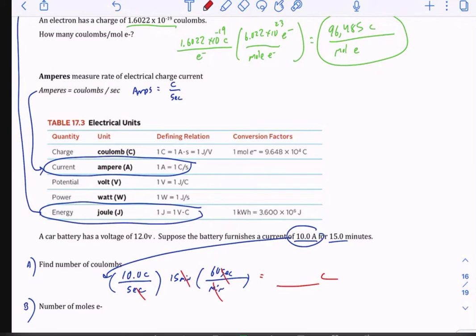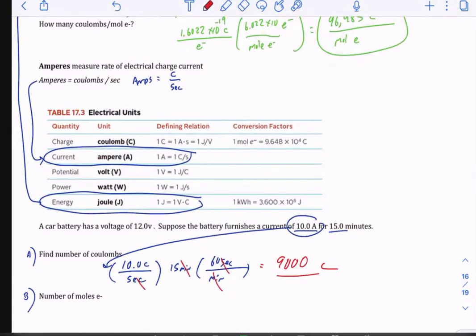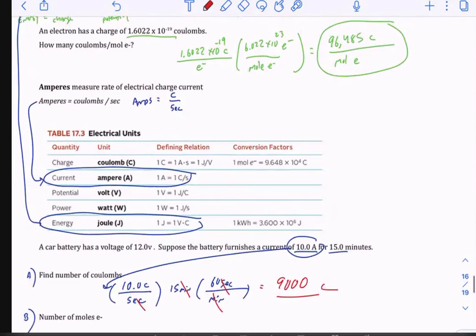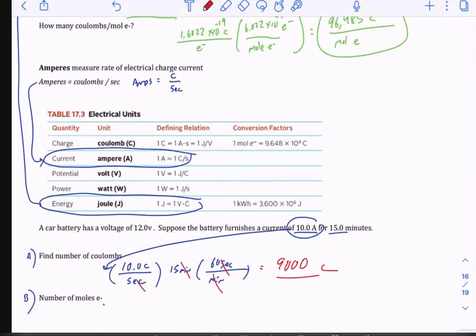So what is that? 9,000 coulombs. The next question is, how many moles of electrons were used? Remember that important value I said is going to come in handy, the Faraday? Let's use that. If there's 9,000 coulombs, we just divide by the Faraday to figure out how many moles of electrons.